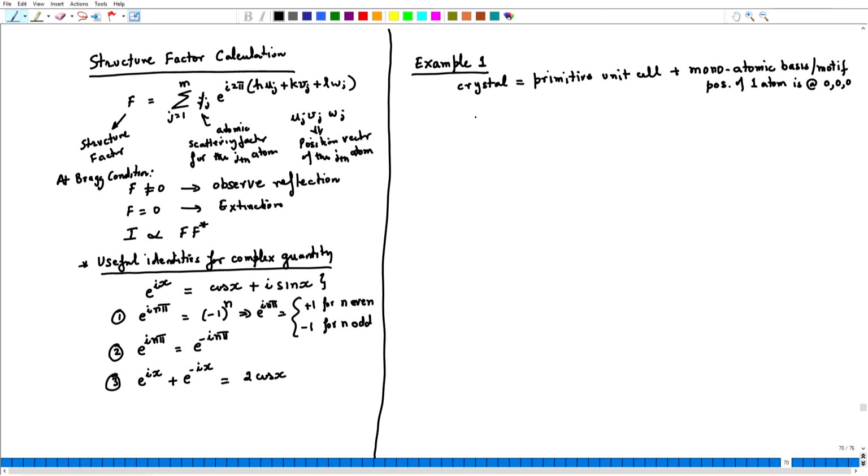Therefore, the number of atoms per unit cell is simply 1.